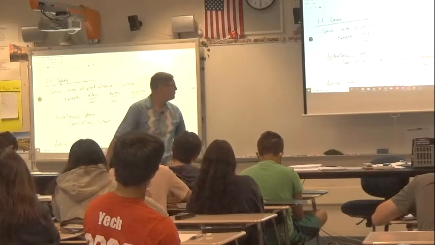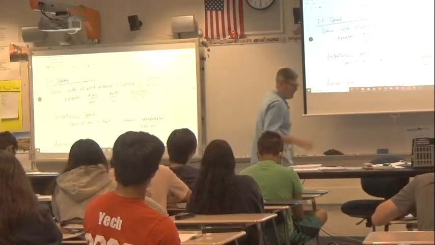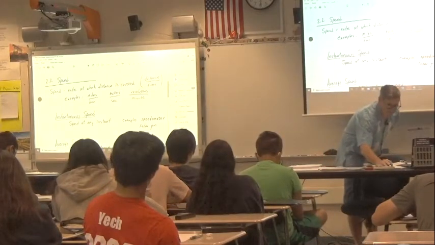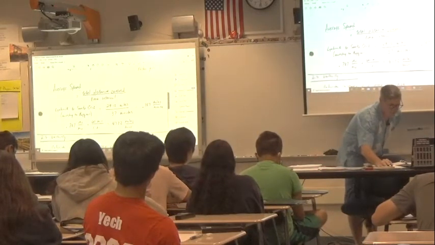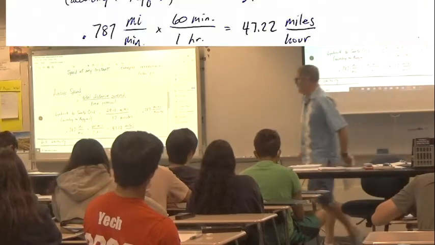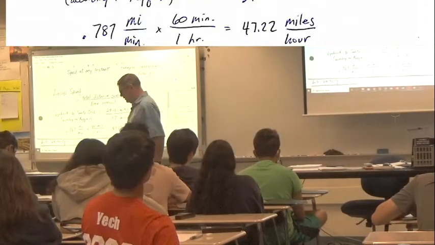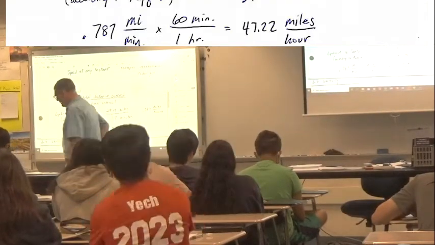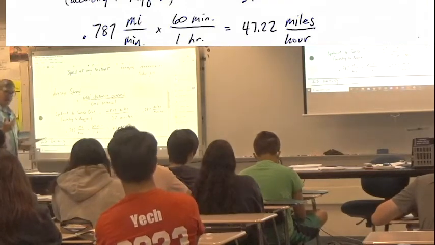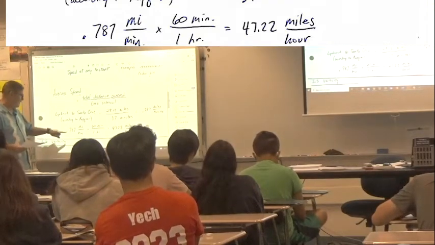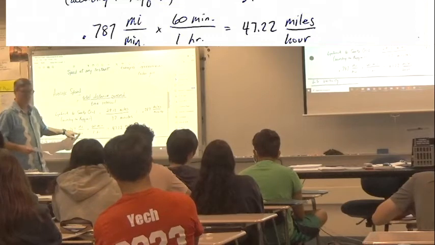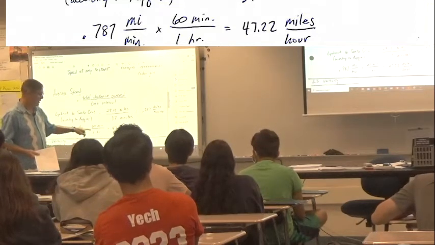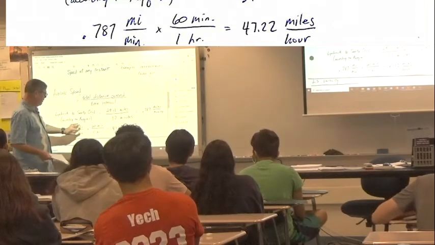Now, who speaks in miles per minute? Nobody. So I'm going to do a conversion. And this will be something you'll do later in this unit yourself on your homework. If I want to convert miles per minute to something more common that I'm used to, miles per hour, I can multiply.